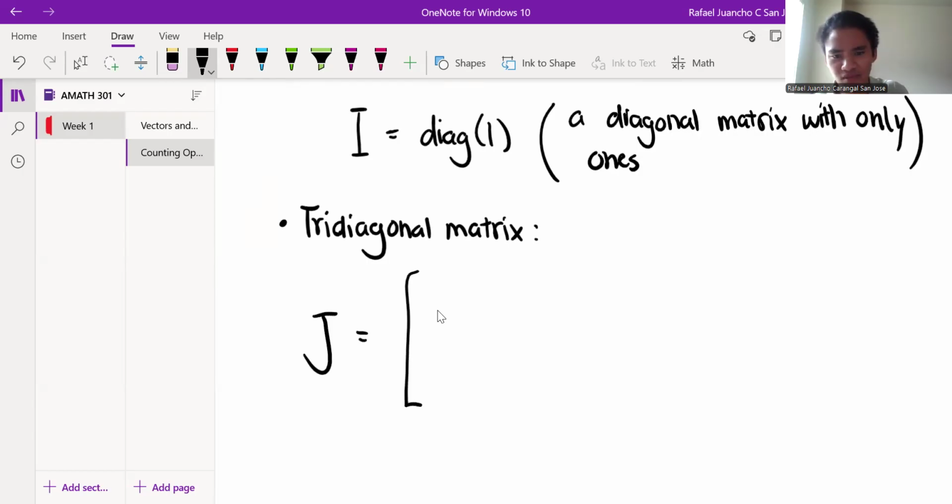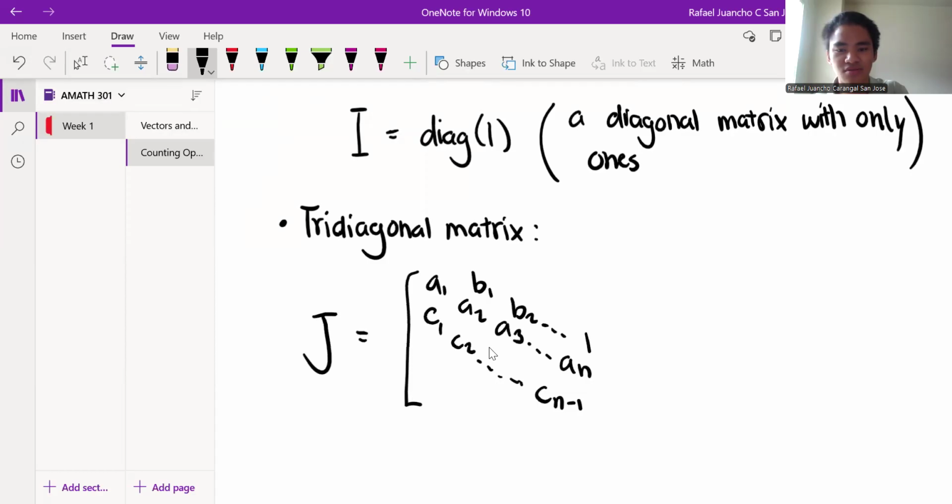We have A1, A2, A3, all the way to AN, C1, C2, all the way to Cn minus 1. And then we have B1, B2, all the way to Bn minus 1.